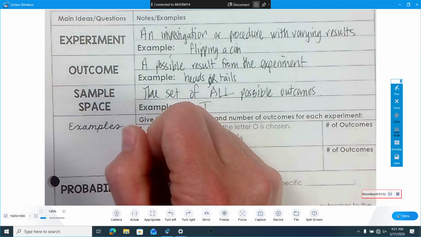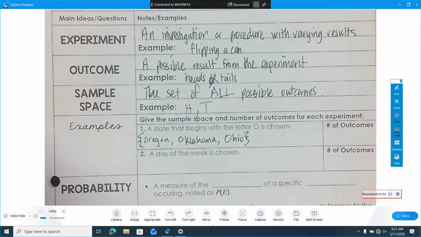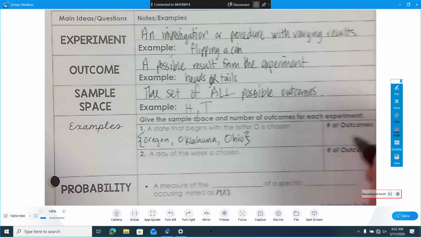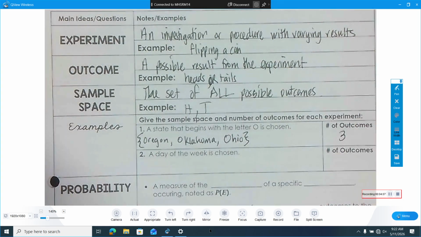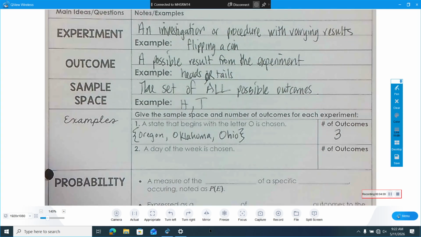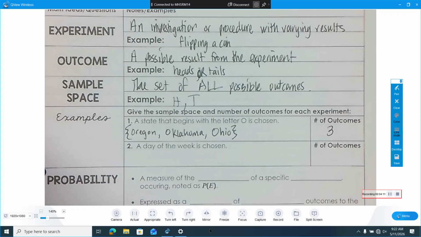So that is the sample space. Those are the 3 possible outcomes that could happen. And the number of outcomes we would have is 3 total possible outcomes.